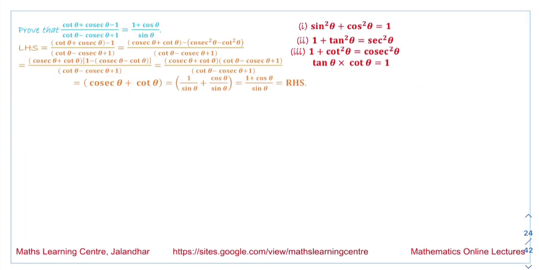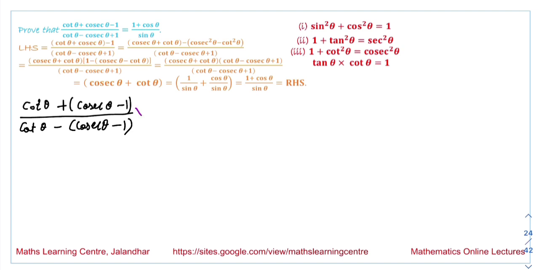Now next we have cot theta plus cosecant theta minus 1 over cot theta minus cosecant theta minus 1. We multiply this with cot theta plus cosecant theta minus 1 and divide it with cot theta plus cosecant theta minus 1.